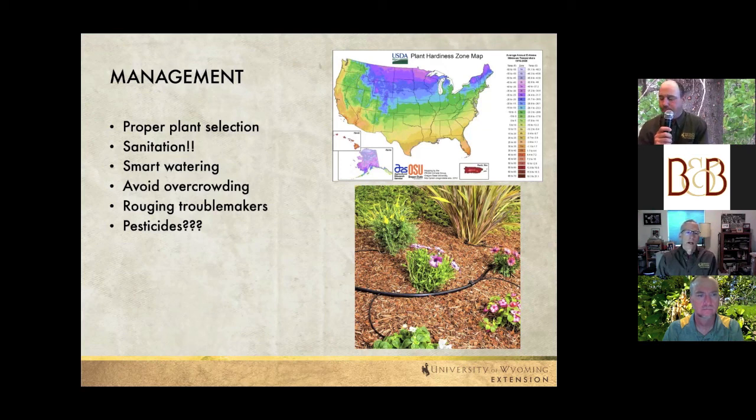Yeah. And then overcrowding is another one. A lot of people, and I did the same thing, especially when I did landscaping from scratch. We built our house here, and so you want to fill all those gaps in with plants. And then sometimes the plants do survive here, and all of a sudden I've got this dwarf crabapple jammed up against a mugo pine, and I'm like, oh my God, one of these two is going to have to go.